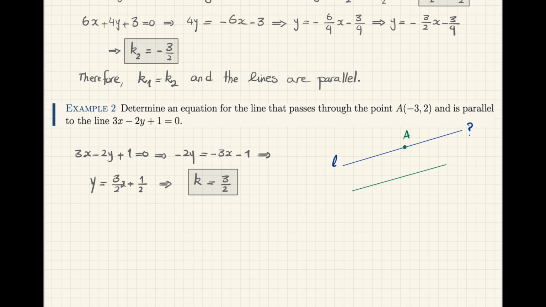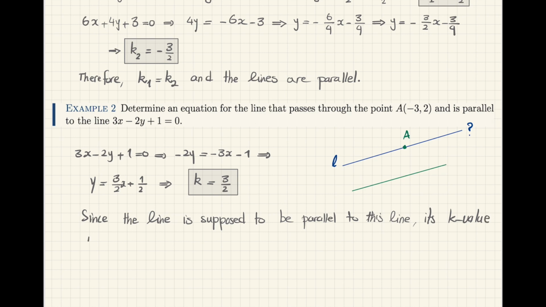Imagine that, and then it implies that the k value for the line L is also the same, since the line is supposed to be parallel to this line. Its k value will be the same.